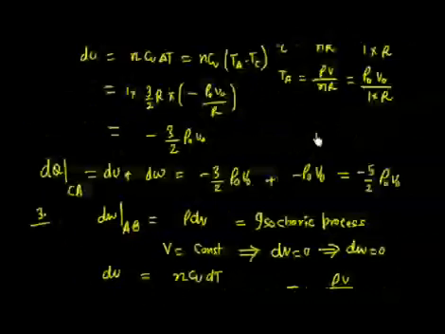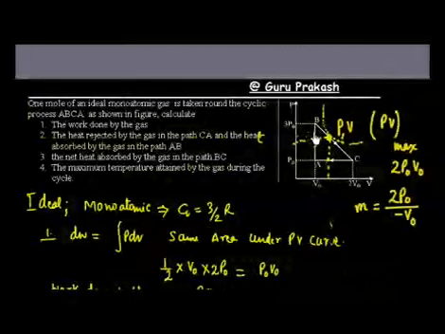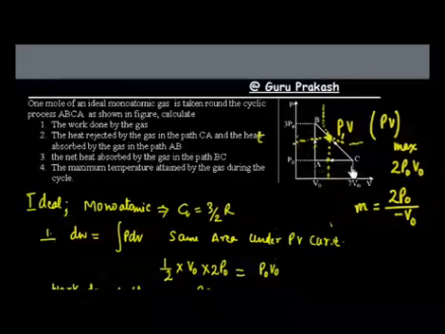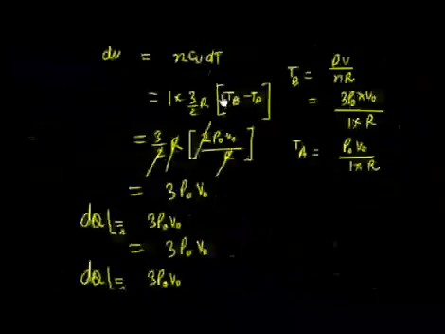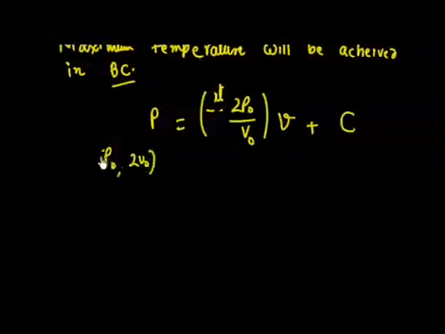So pressure is equal to mx plus c, where m is minus 2 P naught by V naught, and this line passes through at least one point I know, P naught and V naught. So I can satisfy P naught and V naught, and if I plug in, I can get the value of c. So P naught is equal to, this is basically minus 2 P naught V naught. So there is some mistake. So let us say I can wrap this one.